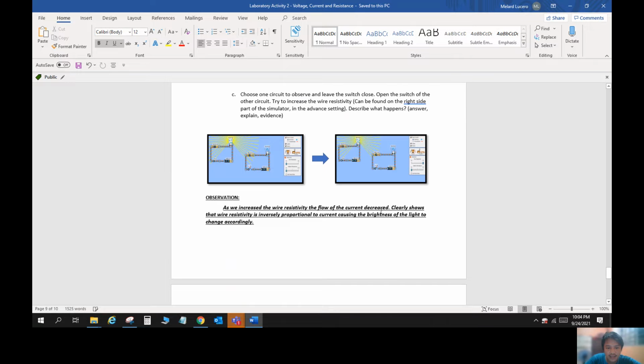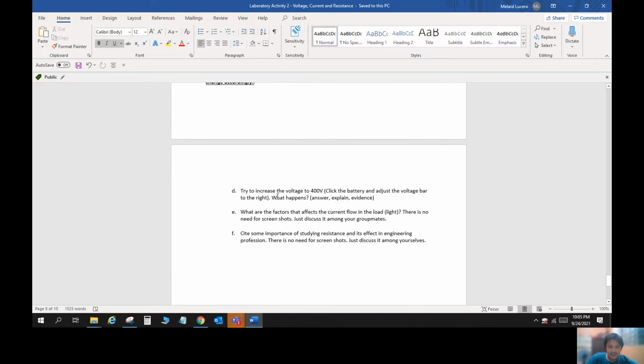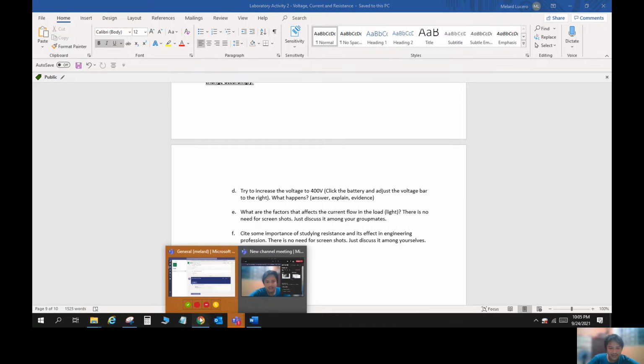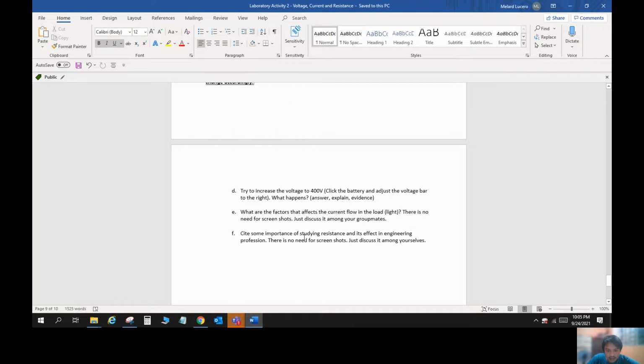And next, continue na lang guys. So, try to increase the voltage. Click the battery and adjust the voltage bar to the right. Okay. So, ang i-configure naman daw natin is yung ating battery voltage. Sorry.